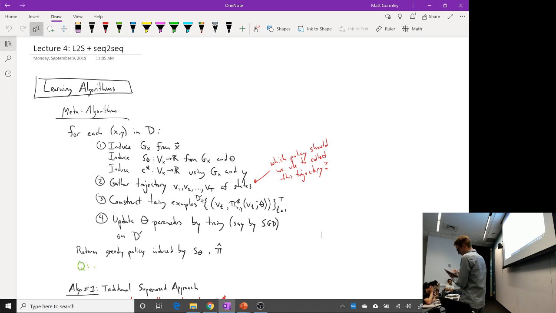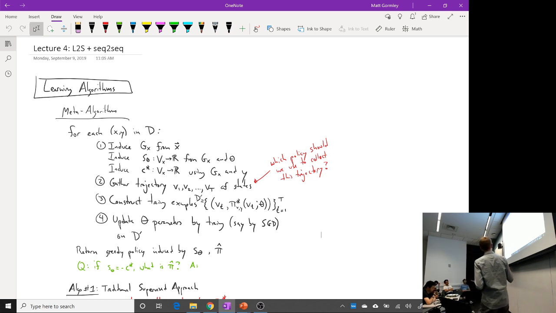So if S theta equals negative C star, what is pi hat? Yeah, it's just the optimal policy. It's the oracle, right?